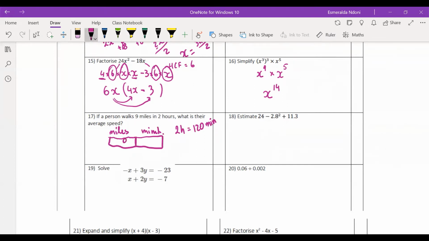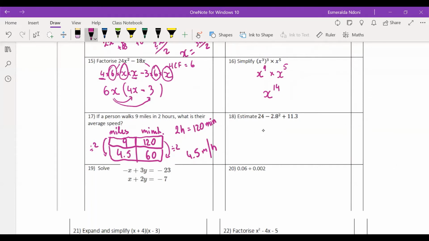We are given 9 miles and 120 minutes. And then we've been asked for 60, because that's the speed in 1 hour, 60 minutes in 1 hour. So divided by 2 and divided by 2. So the speed is 4.5 miles per hour. And that's finished.